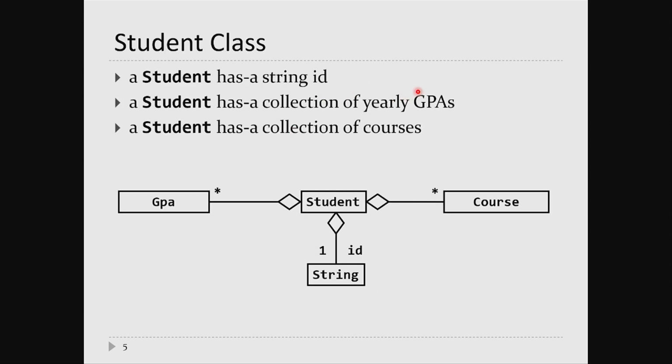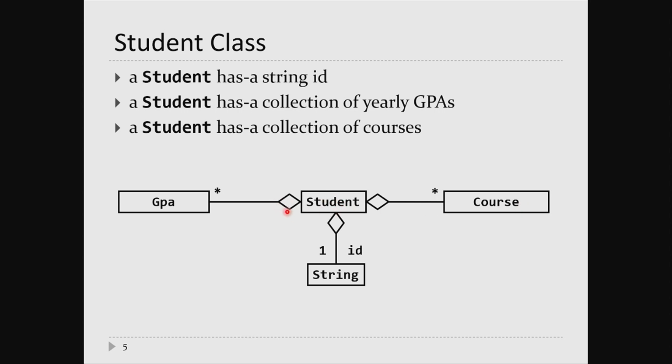Okay, so here's another example of using a collection. Well, this one doesn't show the collection. Here's a UML diagram showing some hypothetical student class. If you just read the UML diagram, you see that there's a student object, and the student object is an aggregation of 0 or more courses.